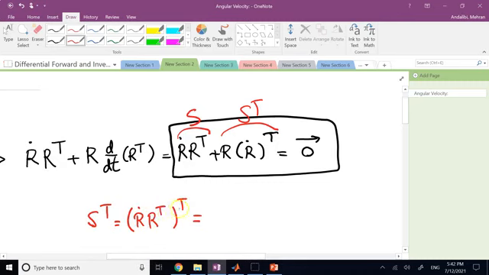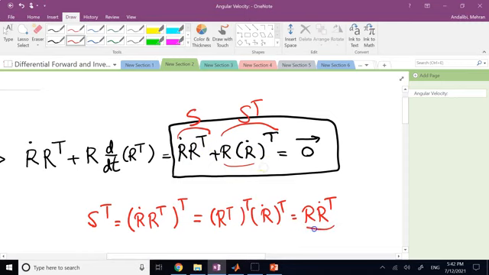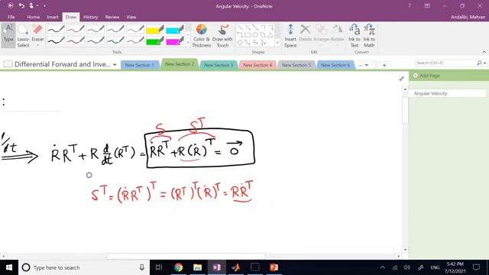When you transpose A times B, it is going to be B transpose times A transpose. Not only do you transpose them, the order of the product is reversed. So it is going to be R transpose, the transpose of it, times R dot, the transpose of it, which is clearly R dot transpose. So clearly you see why I call this other one S transpose, right? So it's very clear.